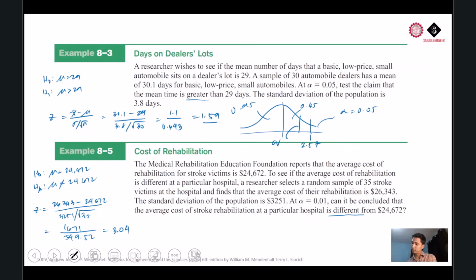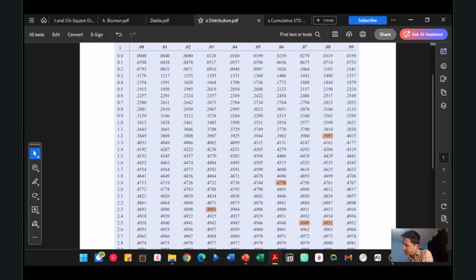Again, we have to draw, and since this is two-tailed and the significance level is 0.01, therefore this is 0.005 for each tail, for a total of 0.01, and this is 0.495. So we have to look for 0.495. 0.495 is 2.57.